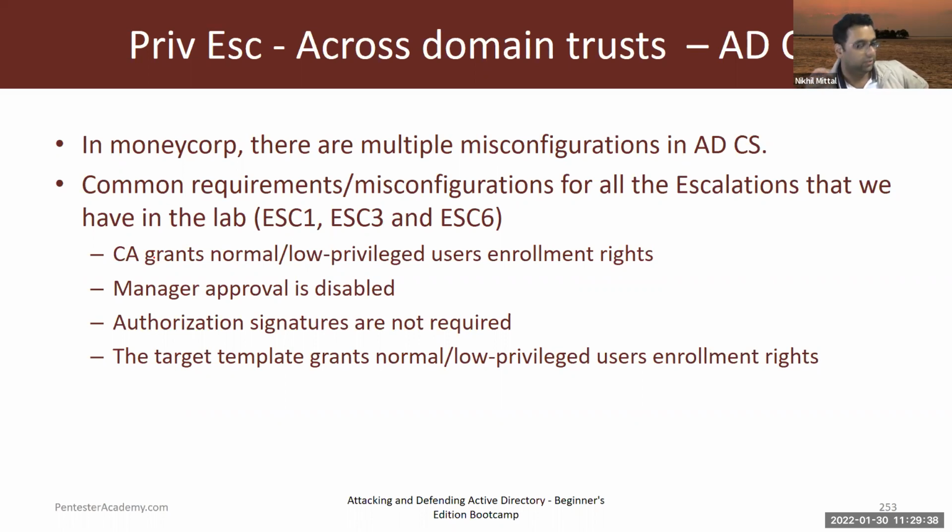One is the certification authority grants normal or low privilege users enrollment rights. Second, manager approval for requesting a certificate is disabled. Third, authorized signatures are not required. Fourth, the target template grants normal or low privilege users the enrollment rights.